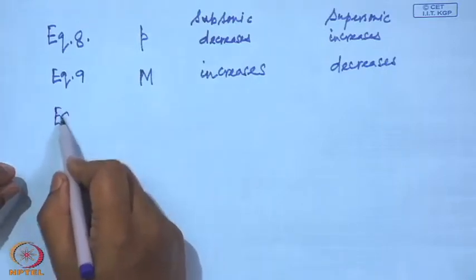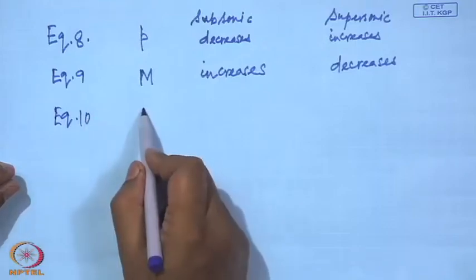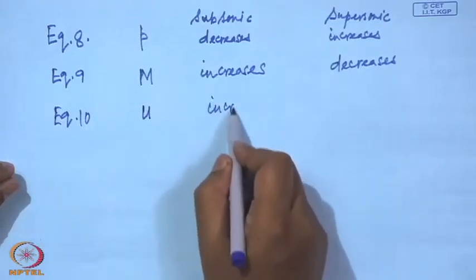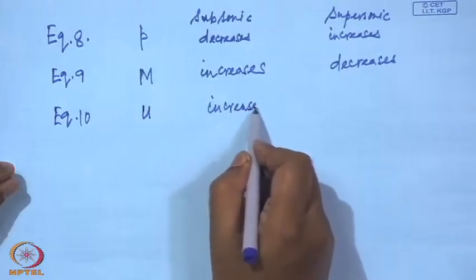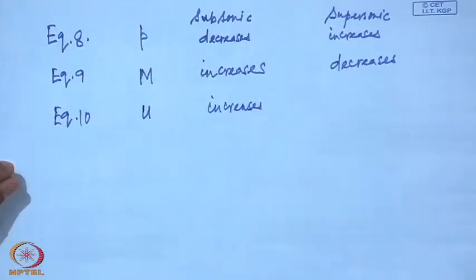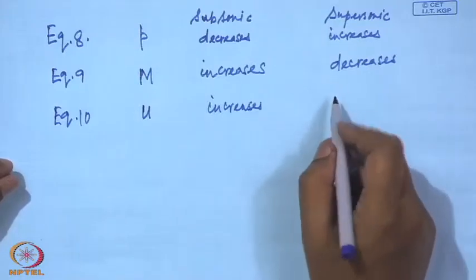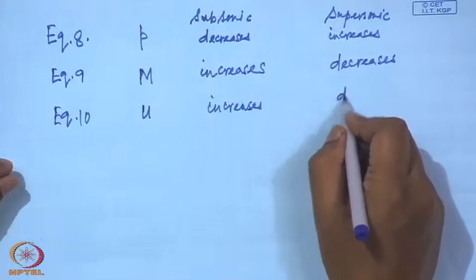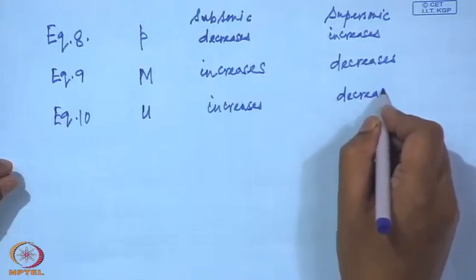Similarly, equation 10 shows that U increases, and in supersonic flow it decreases.